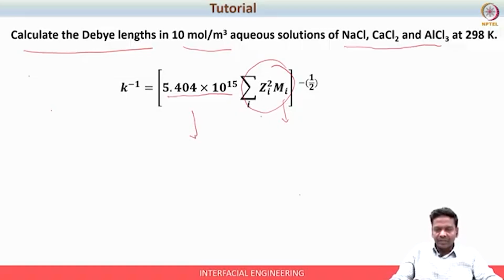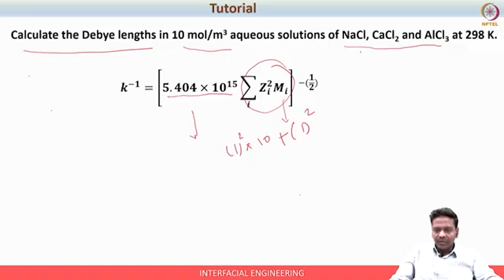Now for this case, how can we calculate? How can you expand this? So we know NaCl, so you have two species, one is sodium and another one is chlorine. We know the valence of sodium is 1 square, multiplied by Mi, which is given as 10 moles per meter cube, plus the valence of chlorine is also 1, so 1 square.